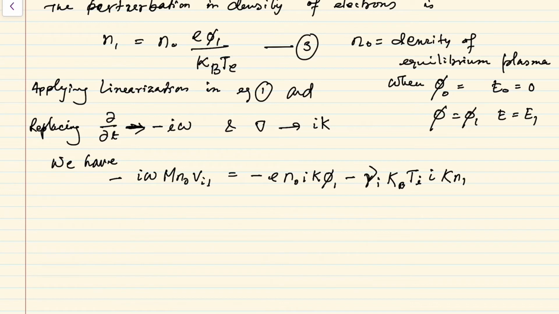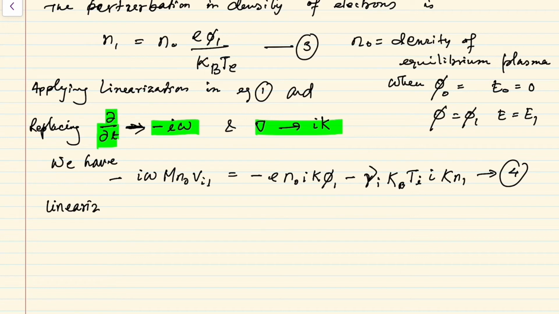Let me give this equation number 4. Now again, if we use the linearization condition in the continuity equation, replacing ∂/∂t by minus iω and ∇ by ik, we get the linearized equation of continuity.